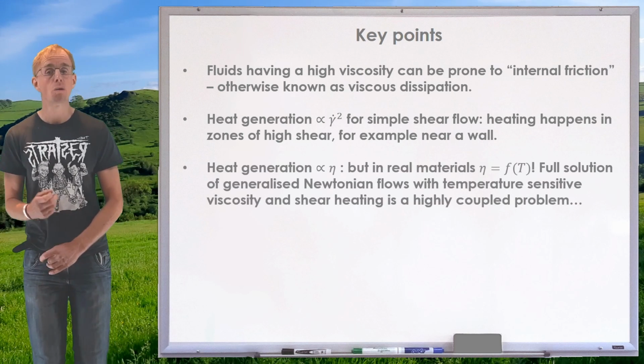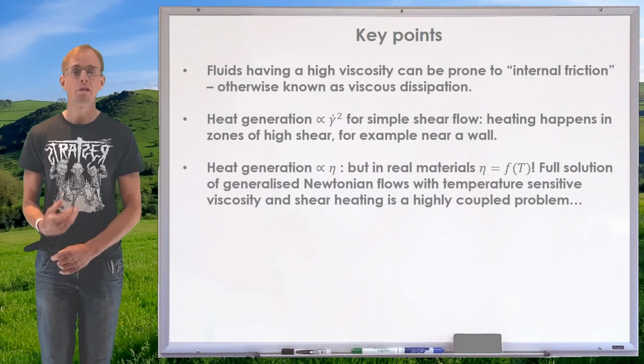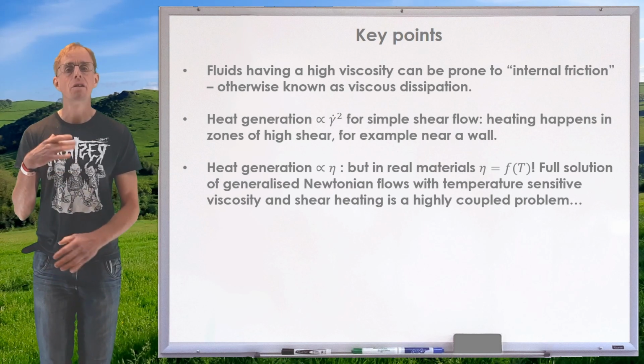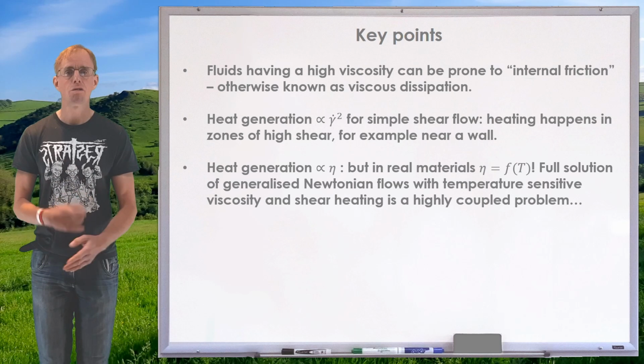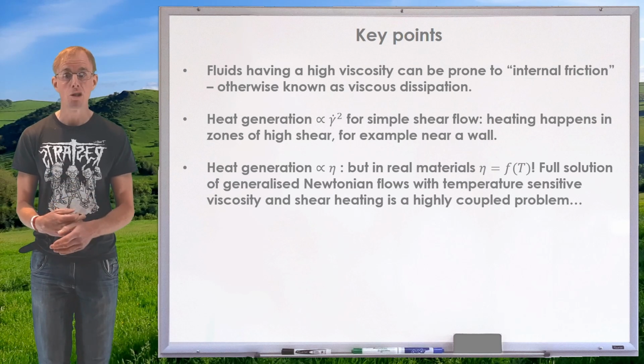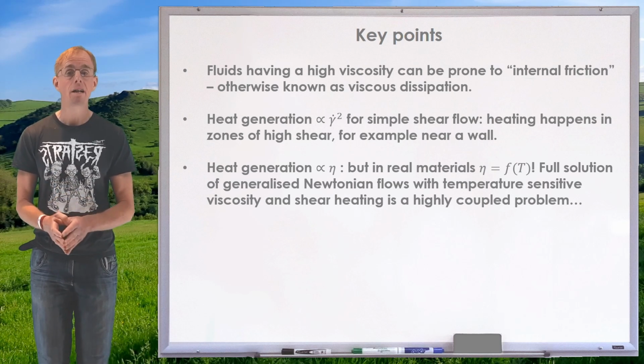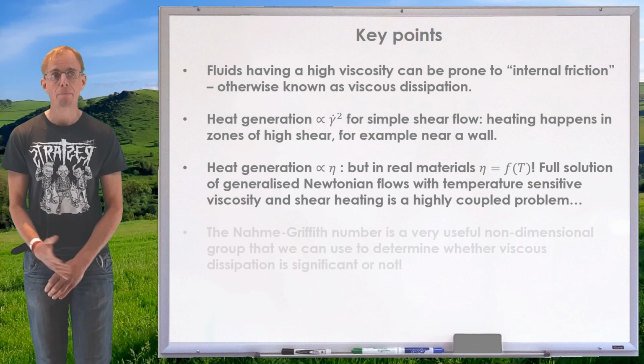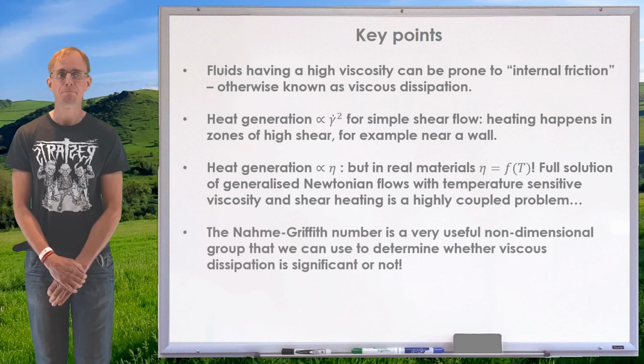The heat generation is also proportional to the viscosity of the material, but don't forget the viscosity is dependent on temperature. So if we're solving the energy transport equation to include viscous dissipation, we need to be highly aware that we've got a very, very coupled problem to solve, which impacts on how we do this numerically.